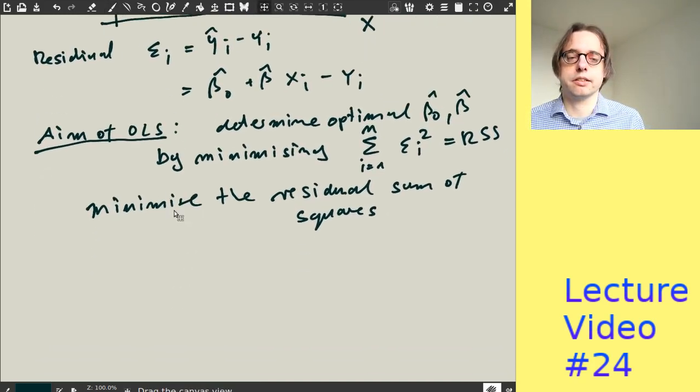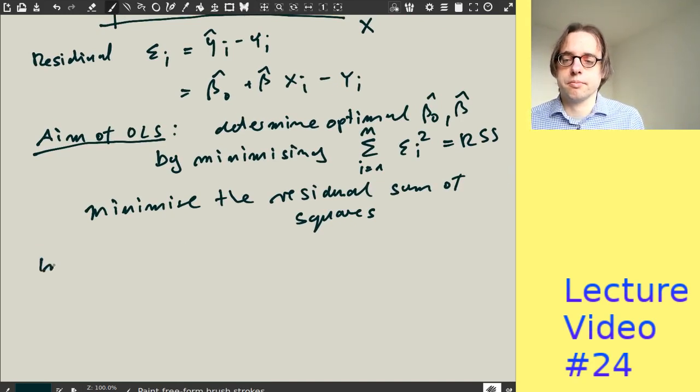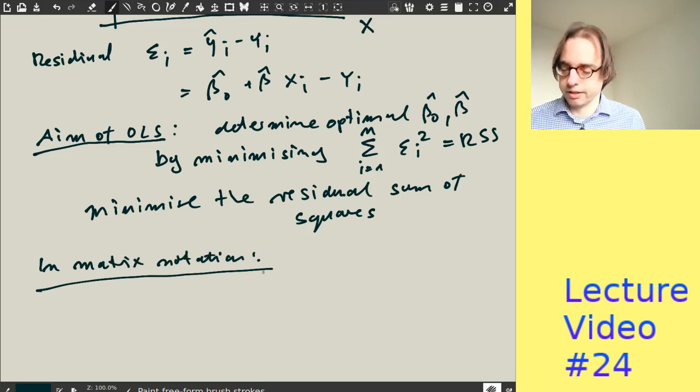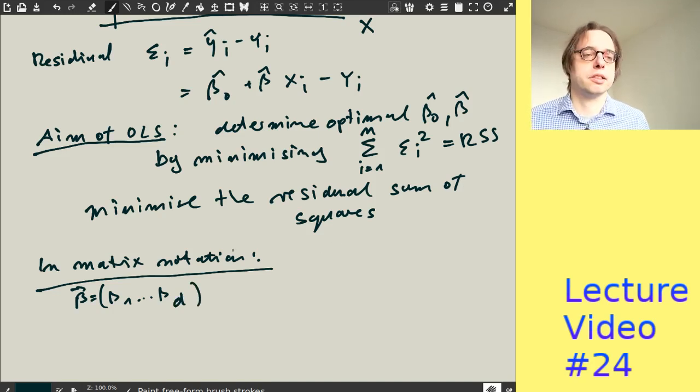We can actually write it in matrix notation, in the statistics convention. So beta is our vector of beta 1 up to beta d. Let's say we do it now for multiple regression.